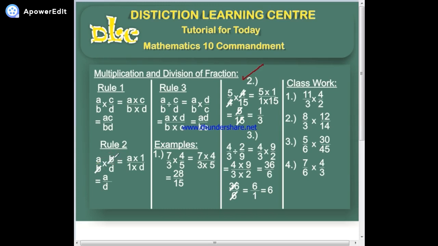How are you going to divide it? You just say B here is 1, B here is 1.